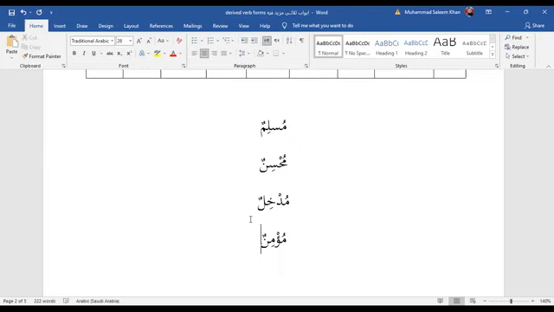Aslaha, yuslihu, islahan, to make something good, and the one who makes something good is muslih. Also mundir is used in the Quran, the warner: andhara, yundhiru, indharan, and the one who gives warning is mundir. And anzala, yunzilu, inzalan, and the one who sends down is munzil.